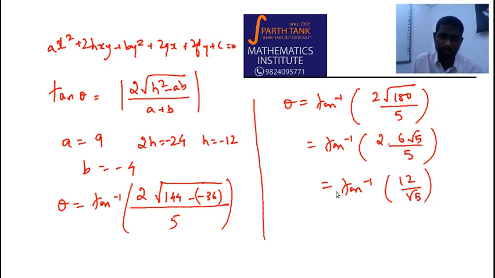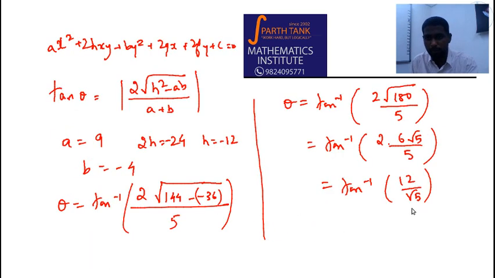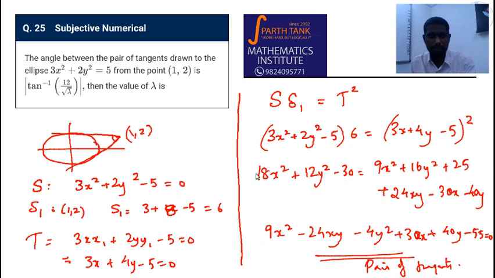Of course the modulus is still there. Now you compare this with the given question. They have given that the angle is tan inverse of 12 by root lambda. So in the place of root lambda, you have root 5. So lambda is 5. Therefore, the answer to this problem is 5.